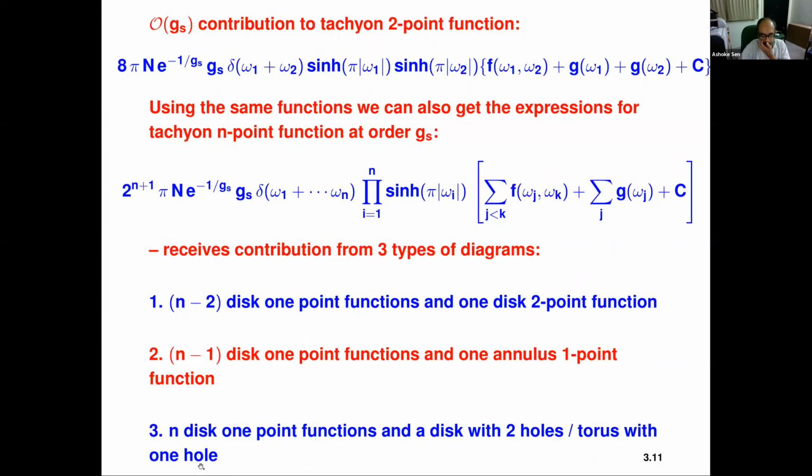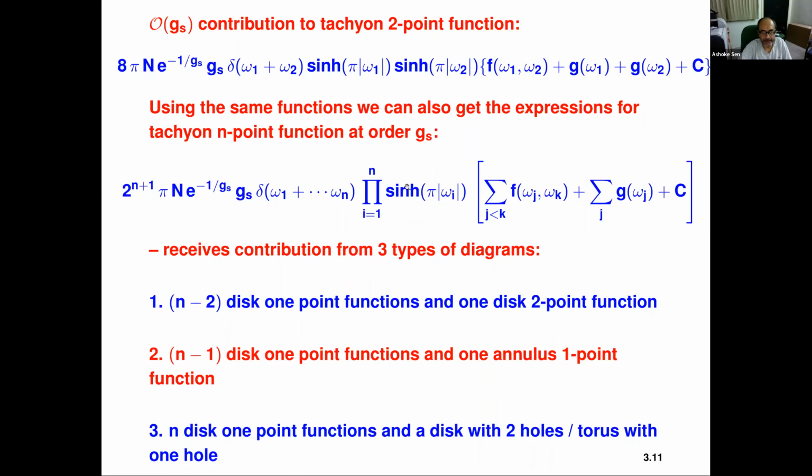So basically the non-trivial parts of the amplitude that we need are this 2-point function, which is in F, the annulus 1-point function, which is in G, and then this one, with 2 holes or torus with 1 hole, and that's in C. And this is the result of all possible ways of distributing the punctures on these various surfaces.